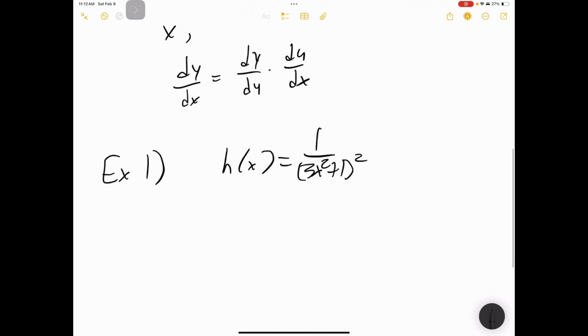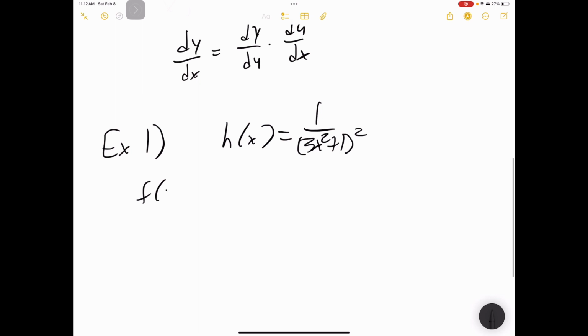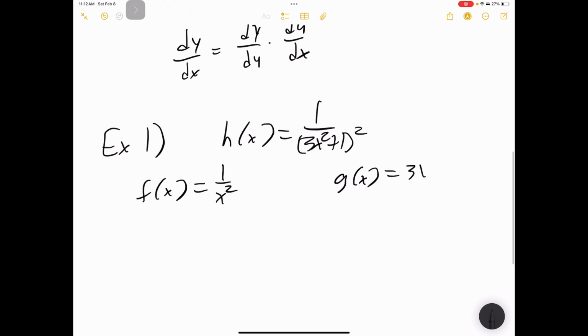Well, in this case, our f of x, our outer function, is going to be 1 over x squared, because we have 1 over something squared. And our g of x, our inner function, is going to be the thing that is inside of that square, which is just 3x squared plus 1.